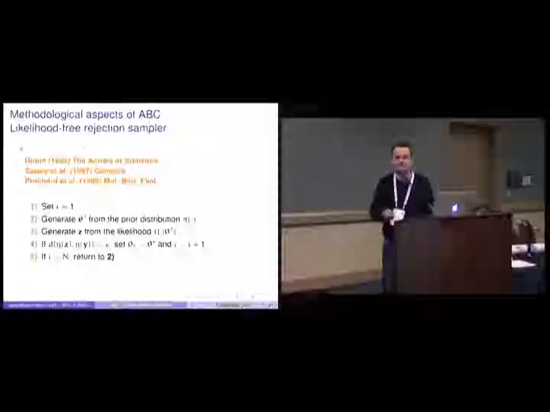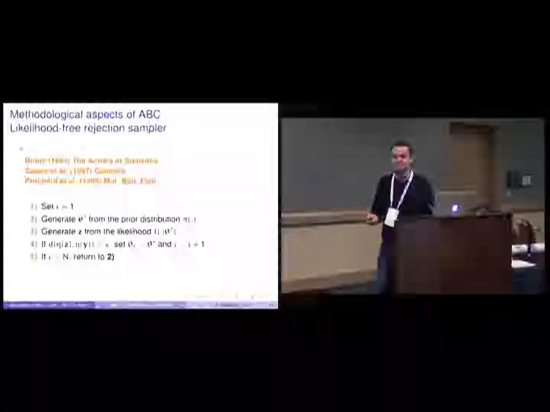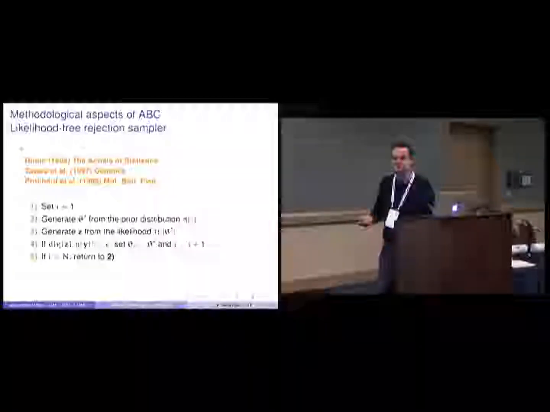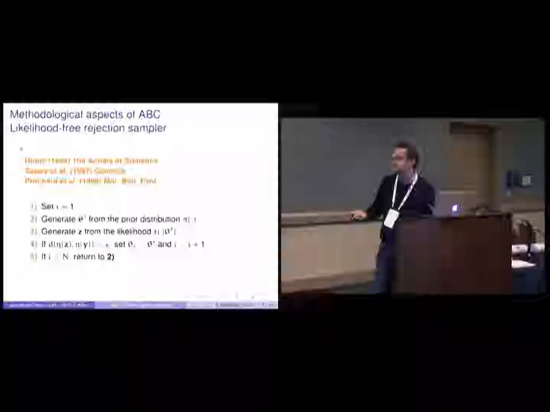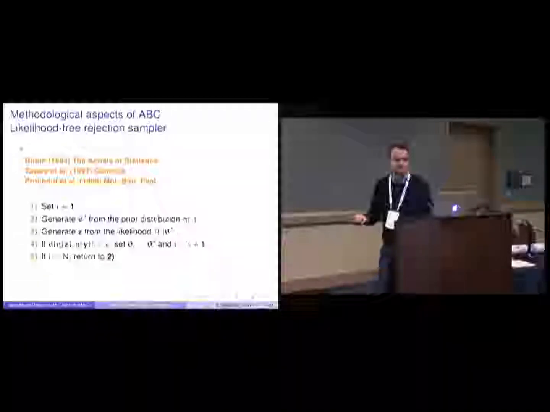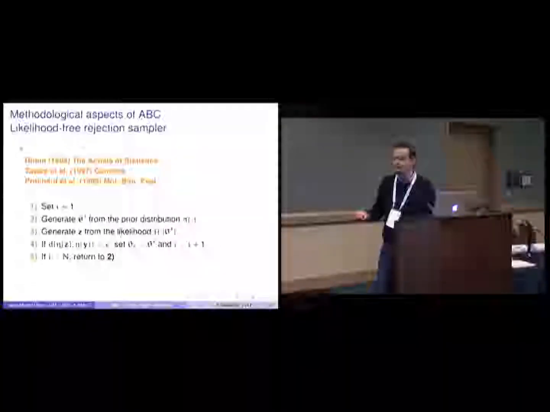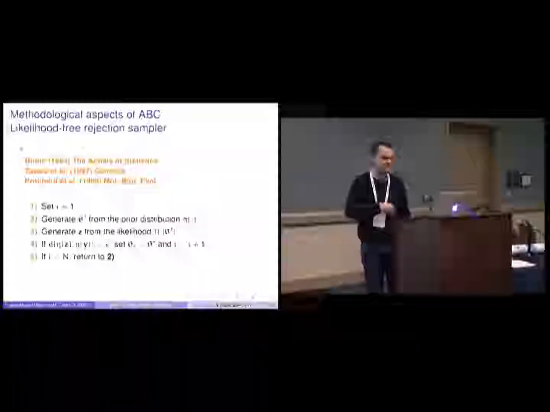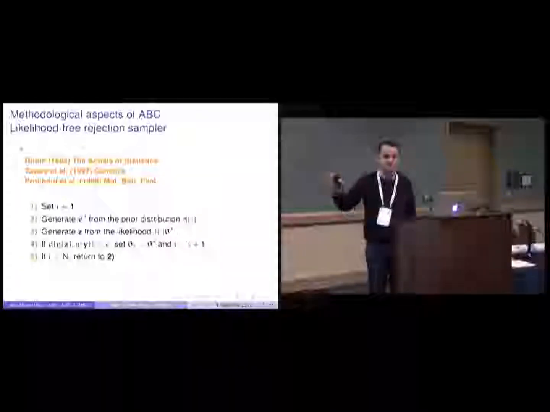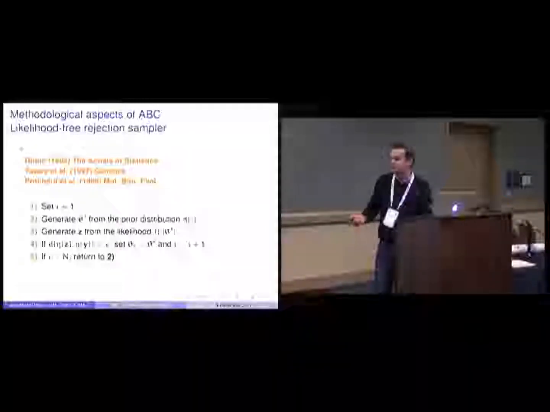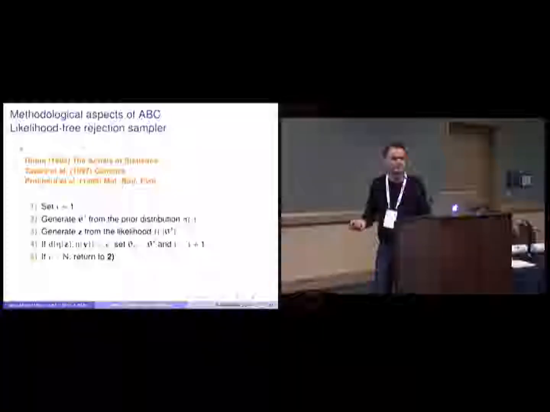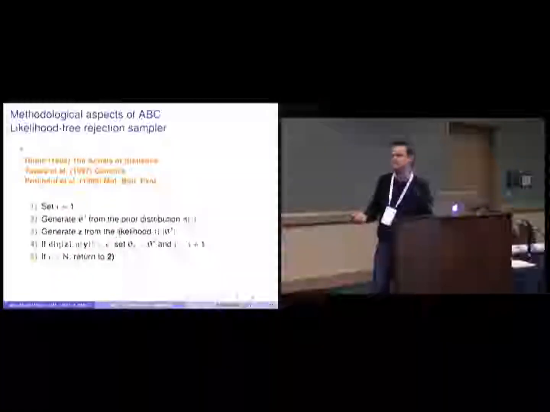And the third type of approximation is that epsilon is not equal to 0. If epsilon is equal to 0 and it's a true distance, theta comes exactly from the posterior if the summary statistic is sufficient, but epsilon equal to 0 is almost impossible. It takes too much time, or it's with probability 0 for a continuous variable. So you have the third approximation, which corresponds to this epsilon.